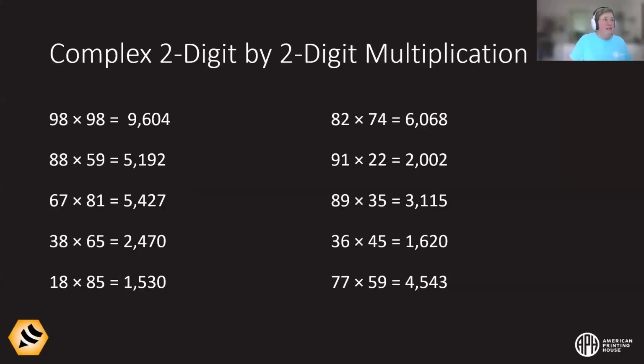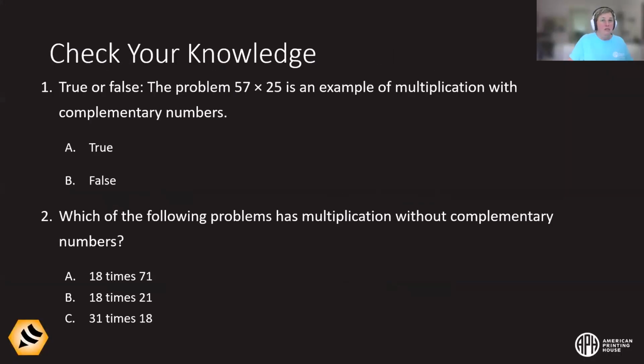Let's let you give it a go on your own. So true or false? The problem 57 times 25 is an example of multiplication with complementary numbers. 57 times 25.